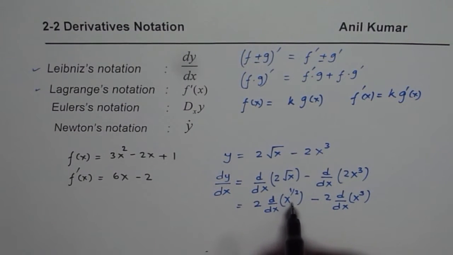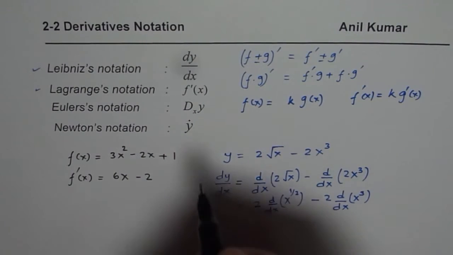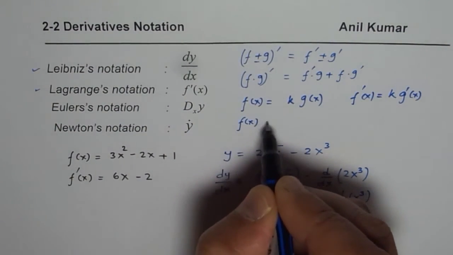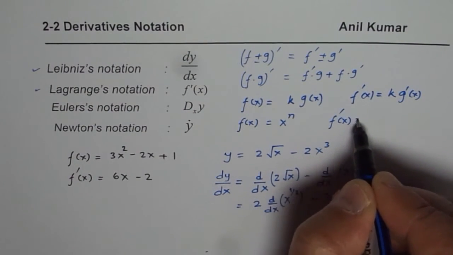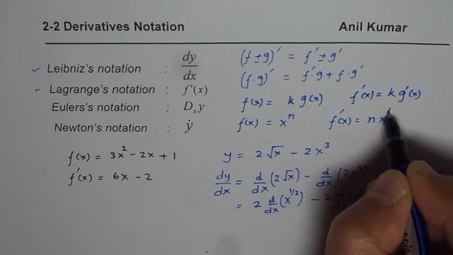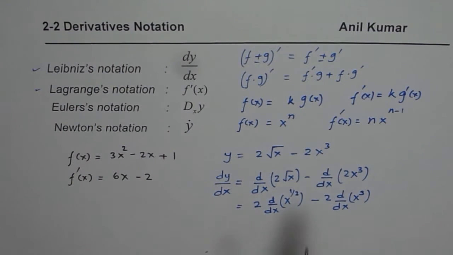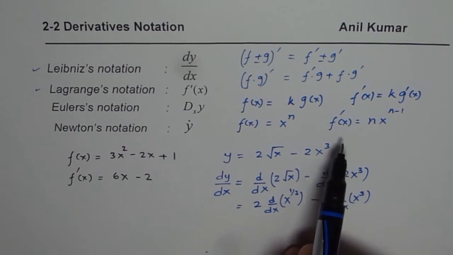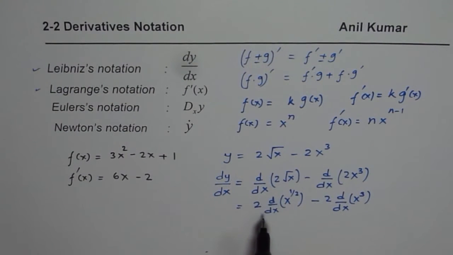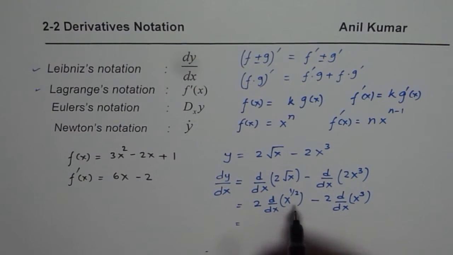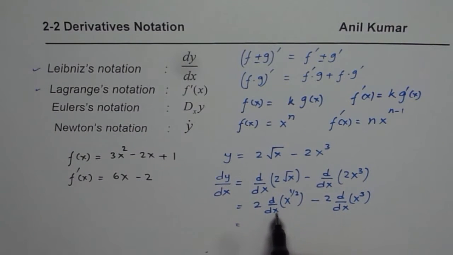Now, since I have to apply the power rule, which you remember, f of x equals x to the power of n, then f dash of x equals n times x to the power of n minus 1. You see how convenient it is to write prime notation for the formulas, right? But for solving questions, this is better. So let's go ahead. I'm trying to solve this particular equation in detailed steps so that you get the whole idea of what we're talking about.